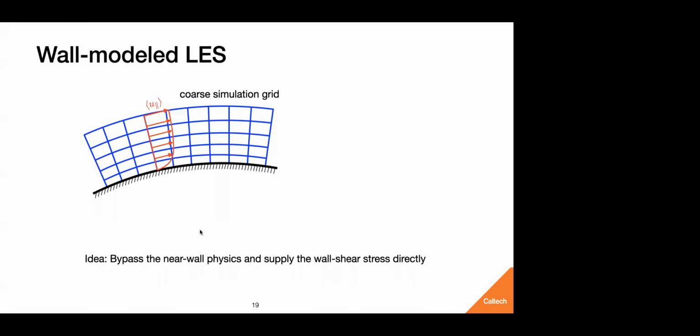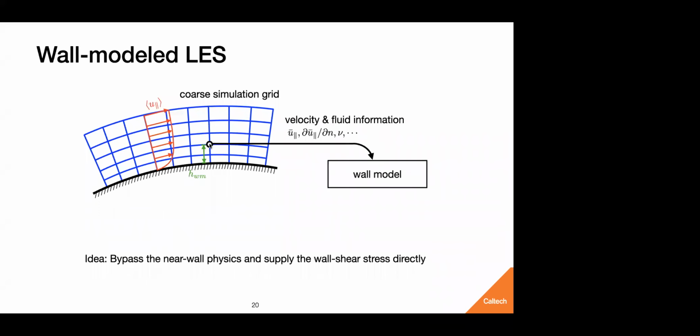And practically how that's done is that you have a coarse simulation grid. You take some flow information away from the wall, either 1, 2, or 3 cells away from the wall. That could include some velocity information, velocity gradient information, any other sort of information you need from the flow. You plug that into the wall model.